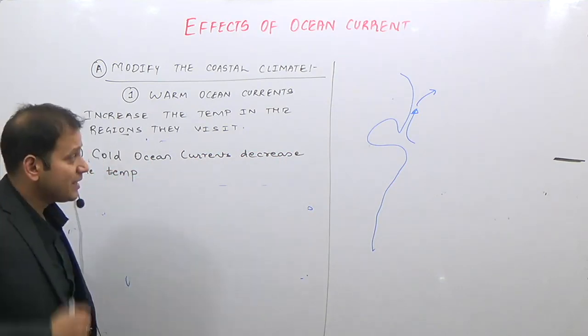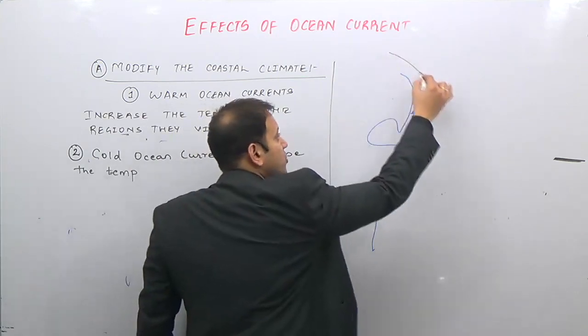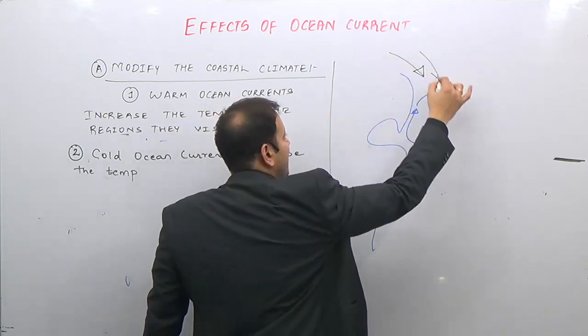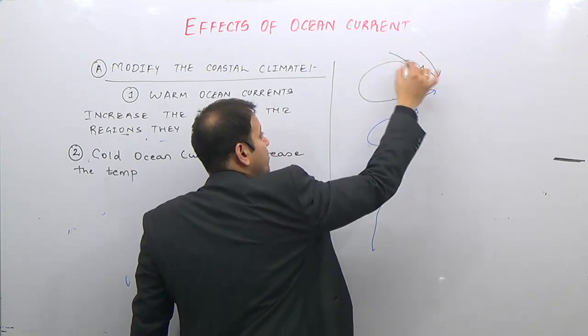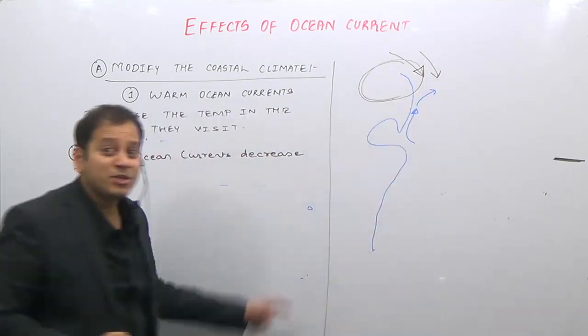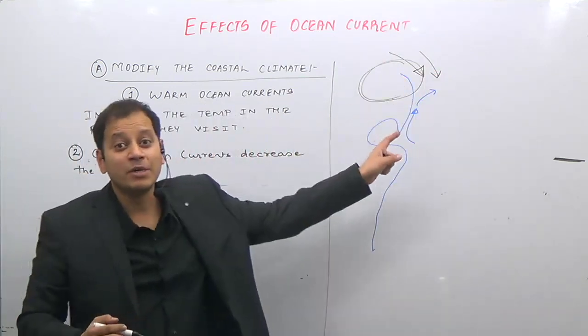How do they decrease the temperature? A cold ocean current, known as the Labrador current, will come and result in an extreme chilling effect and snowfall, especially during the winter season in the Labrador Sea region.